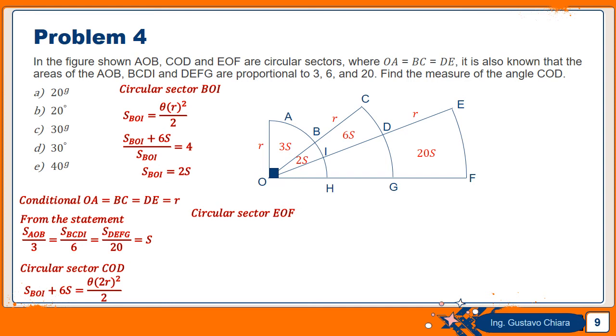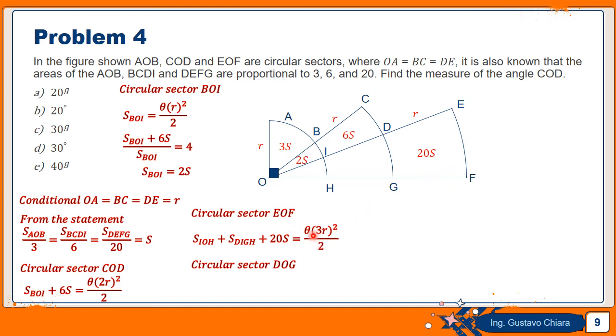The next step, circular sector EOF. In this circular sector, using the same formula, we get that the area of EOH plus DEHG plus 20S is equal to the angle multiplied by (3R) squared divided by 2.